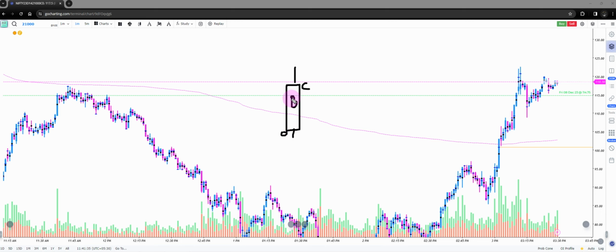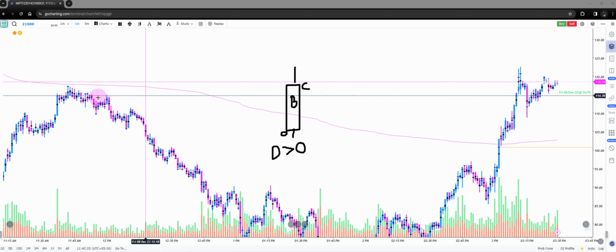Now what do you expect generally to happen when you have a bar like this? What you expect is that the aggression from the buyers was more, and the delta should have been greater than zero, because the market buy orders should have been more than market sell orders. But is that what actually happens every time? Not exactly.